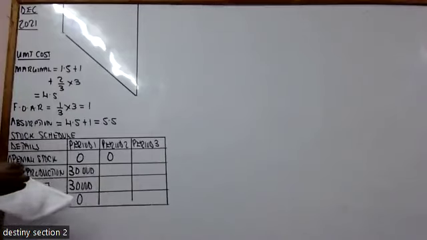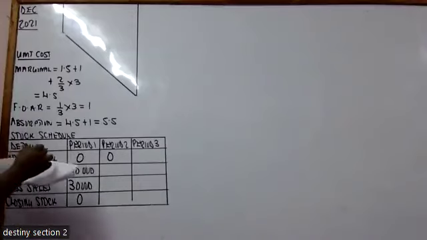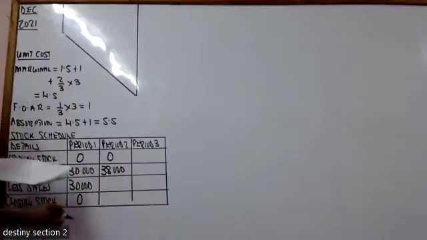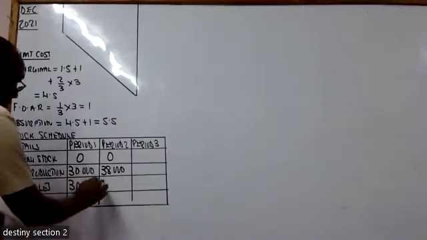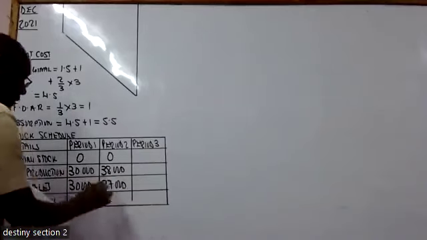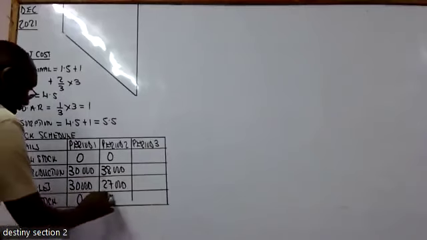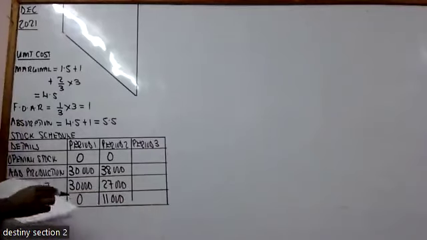Production is 38,000 and sales 27,000, so when you less, that gives you a closing of 11,000.